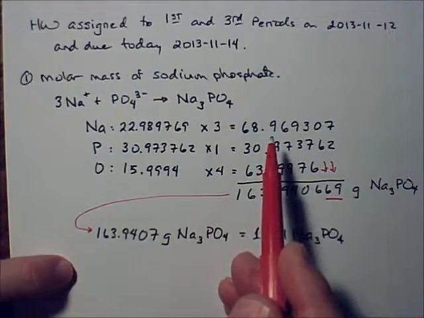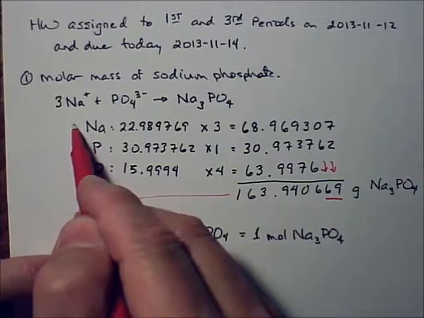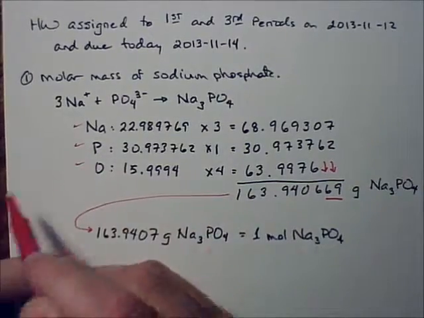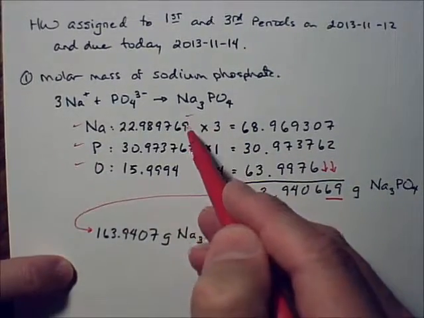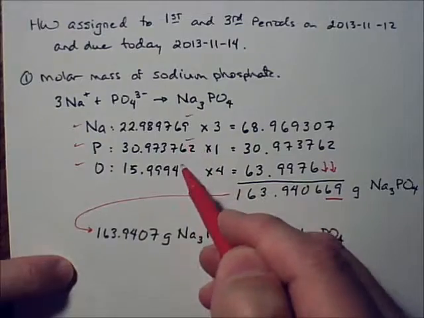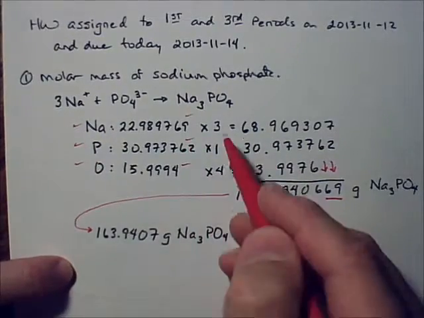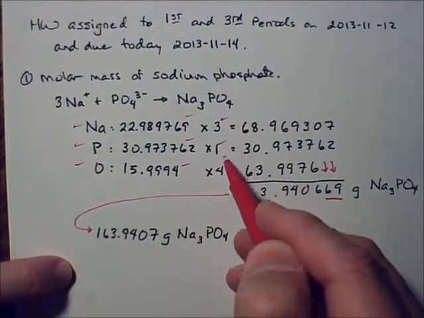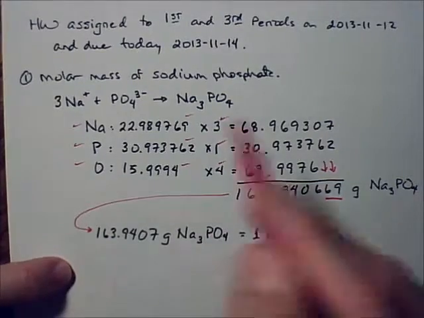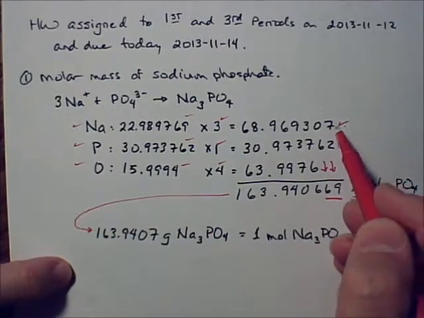All right. But let's give each of these elements a point. Each of the atomic masses for each of the elements a point, times 1, 3, 1, and 4 a point. And this is where you're going to count off that 1 point right there for the sum.